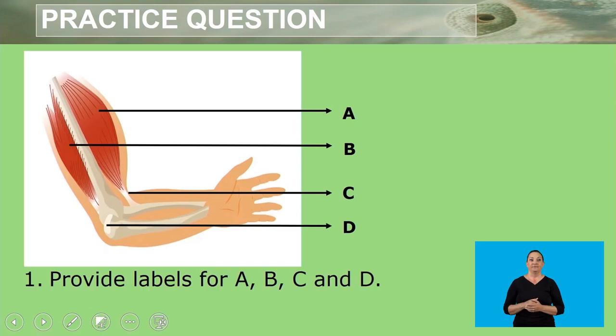And number 1 wants us to provide labels for A, B, C, and D. So A are the biceps. B are the triceps.